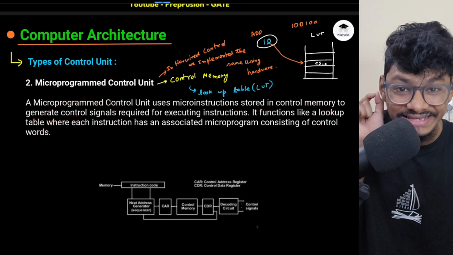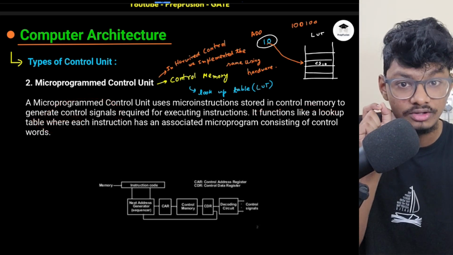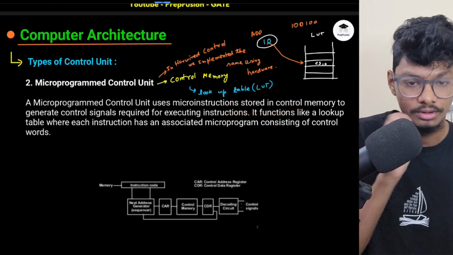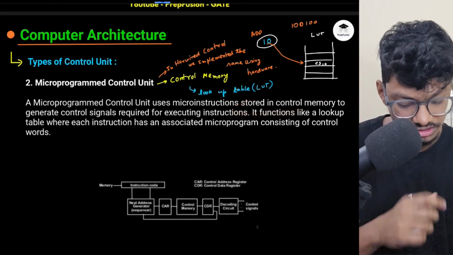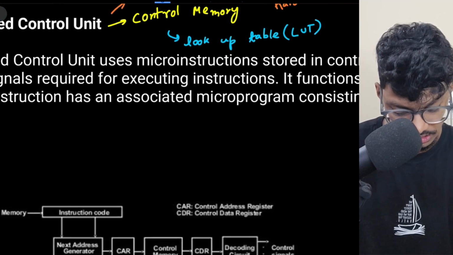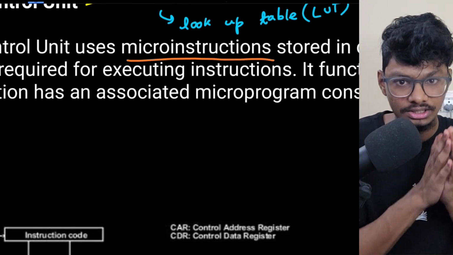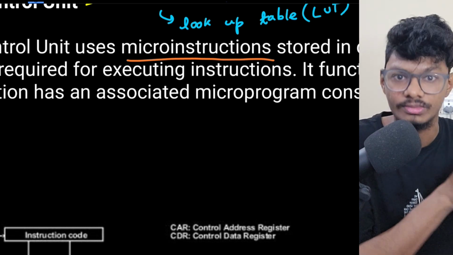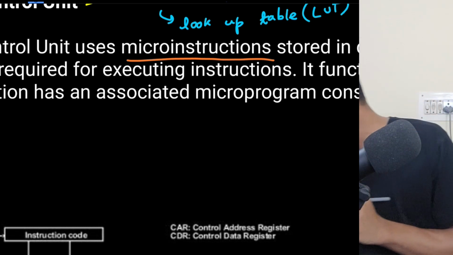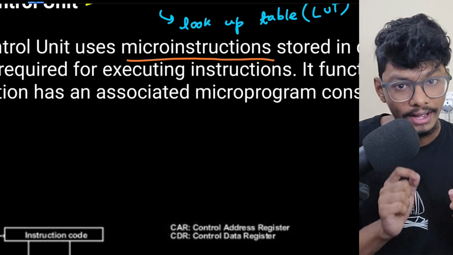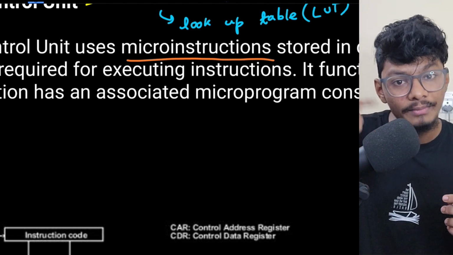So what does each micro instruction or micro operation mean? Actually, a micro instruction is a collection of micro operations. That's it. So if I write add R1 plus R2, it is a micro instruction, where there will be many micro operations.